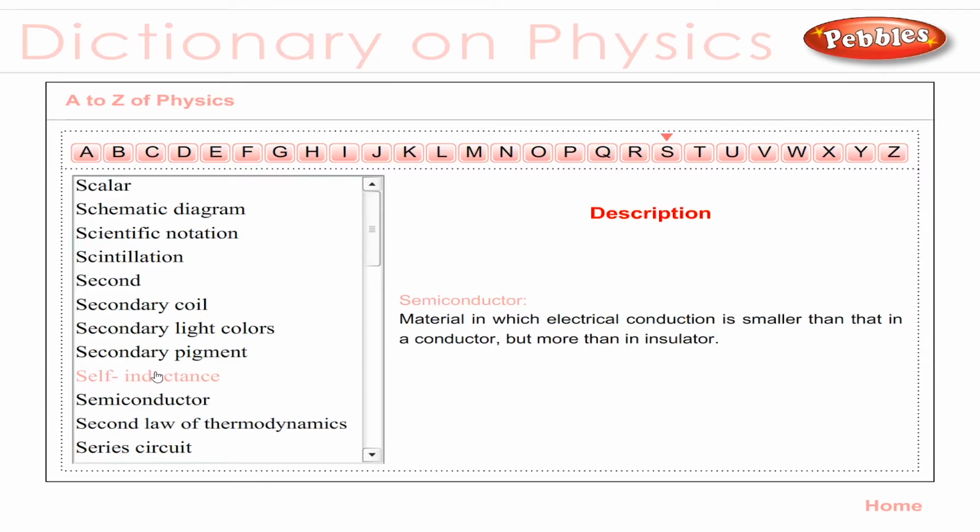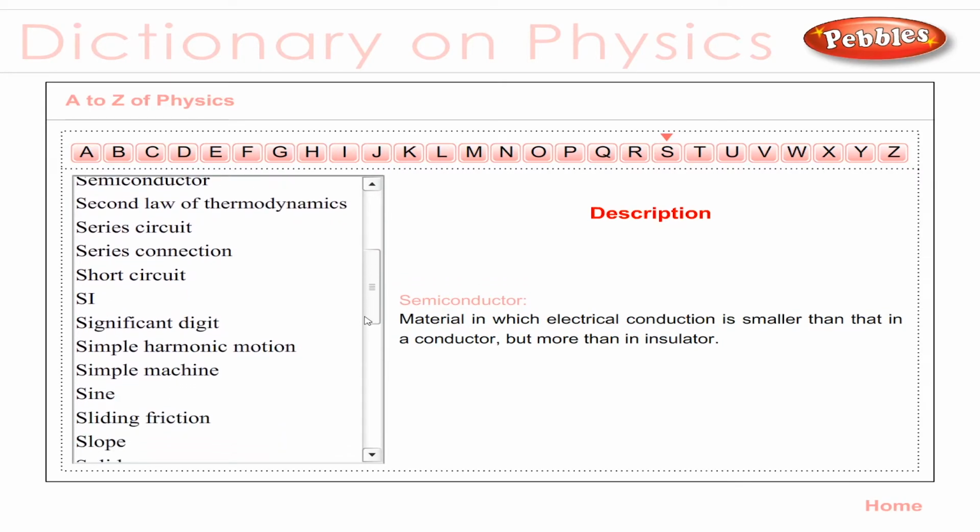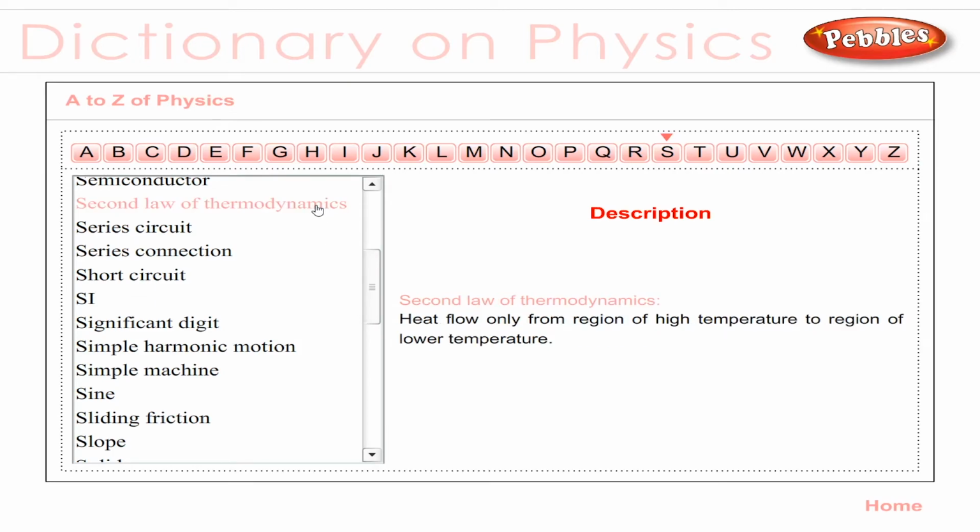Semiconductor: material in which electrical conduction is smaller than that in a conductor but more than in an insulator. Second law of thermodynamics. Heat flows only from a region of high temperature to a region of lower temperature.